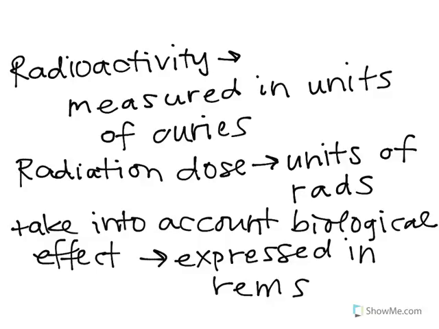Okay, so this gets confusing. You'll see radiation in curies, rads, and rems. Curies is when you're buying it from a company. Rads is how much exposure you're being exposed to, but again, that doesn't take into account the biological effect it's going to have because of the type of radiation it is. So what's more relevant is REMS.